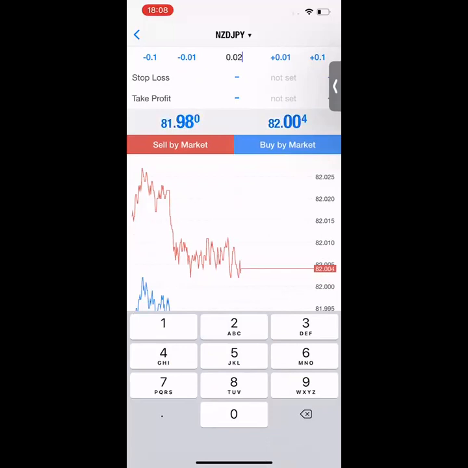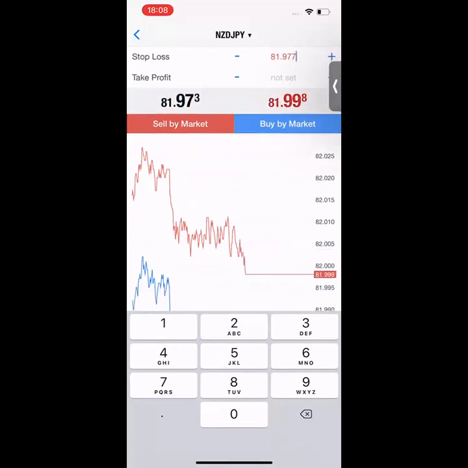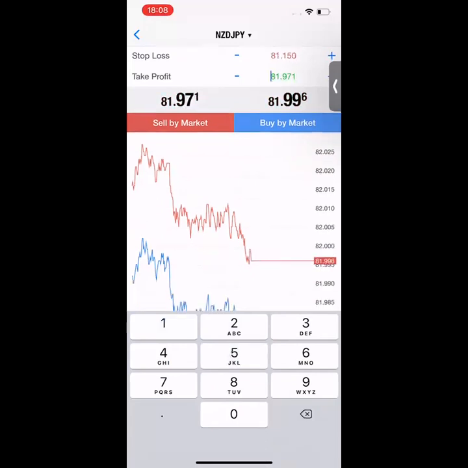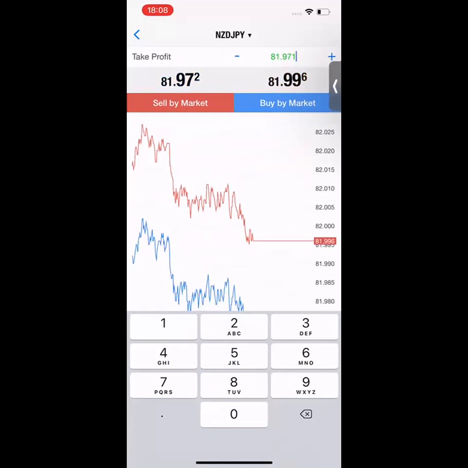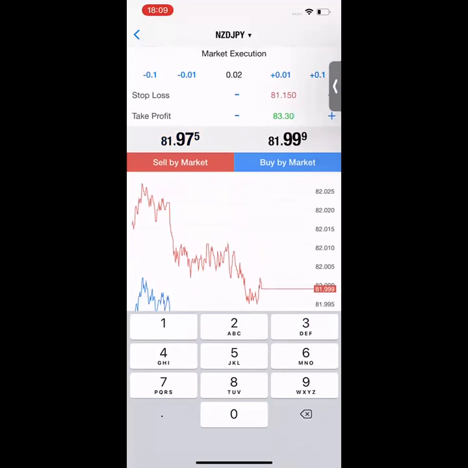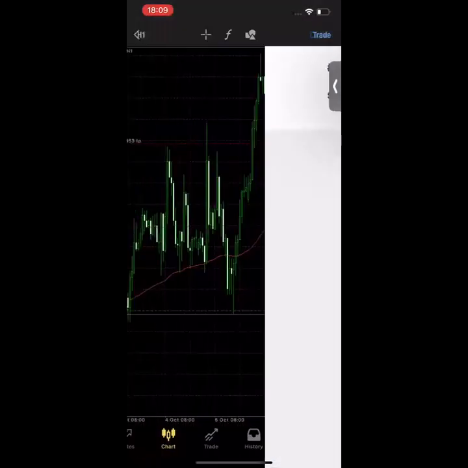And of course, my stop loss value has already been given to me as 81.15, and my take profit as 83.30. And I click on buy by market because it's a buy market, right? So I click on buy by market and boom, I'm already into this market as well.